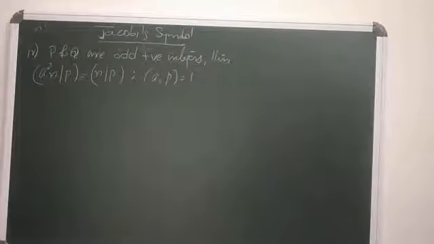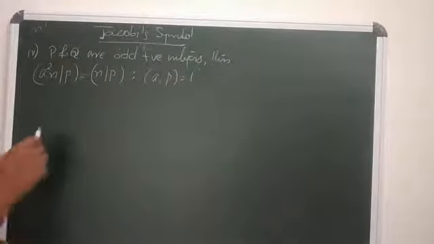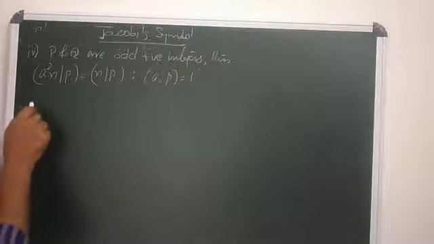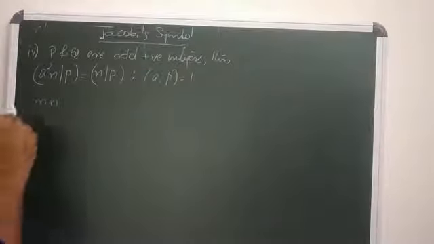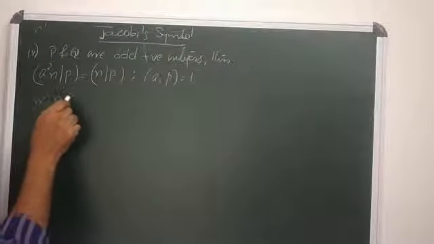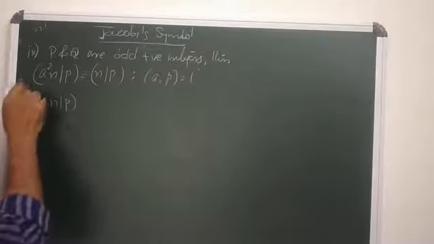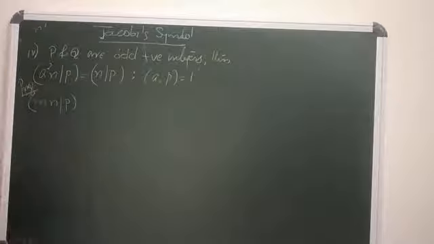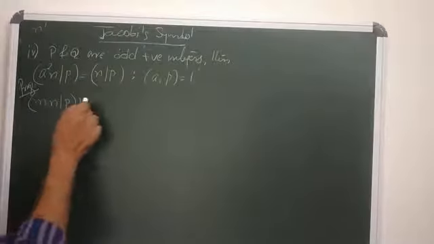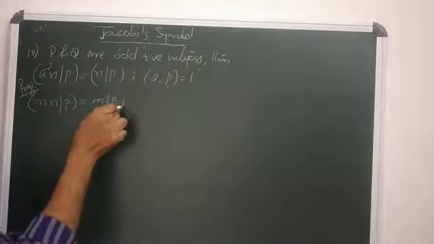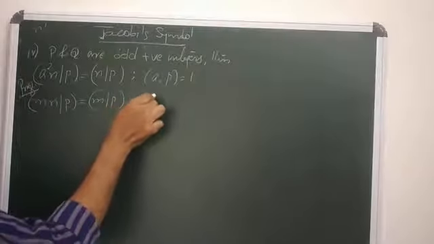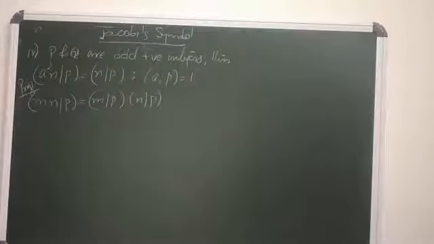How to prove this one? Let p be a positive odd integer. Then we have (mn/p) equals (m/p) times (n/p). This is the first property of the Jacobi symbol.